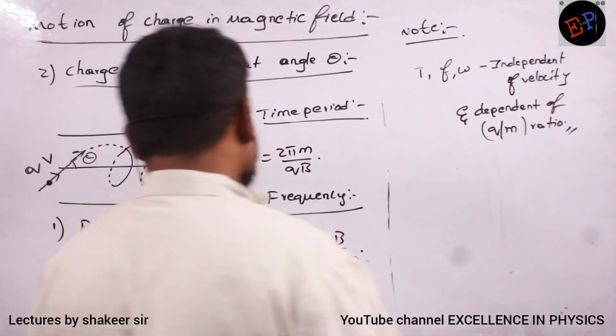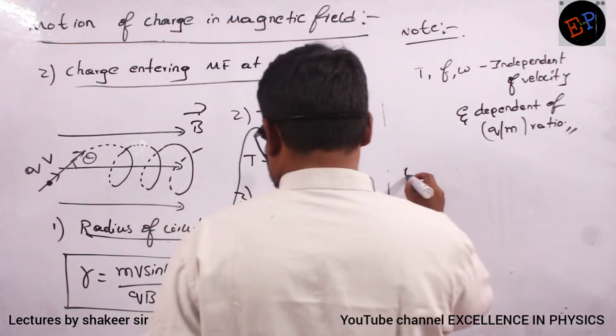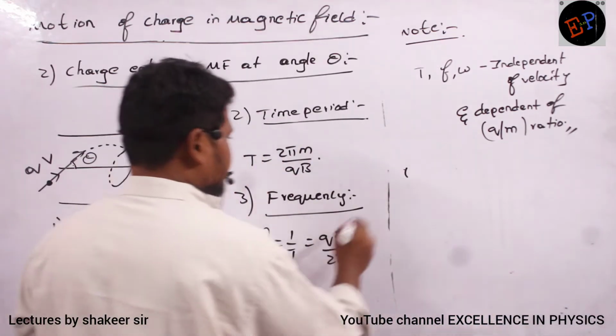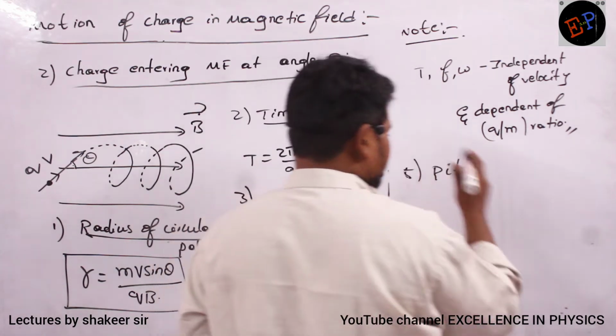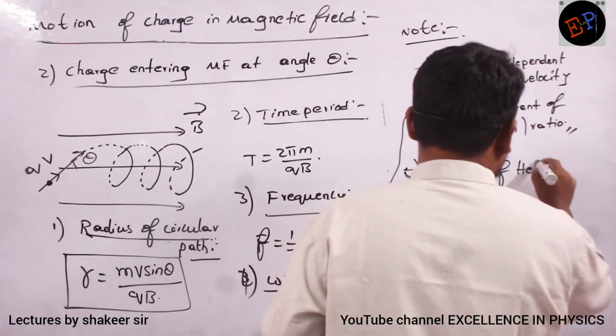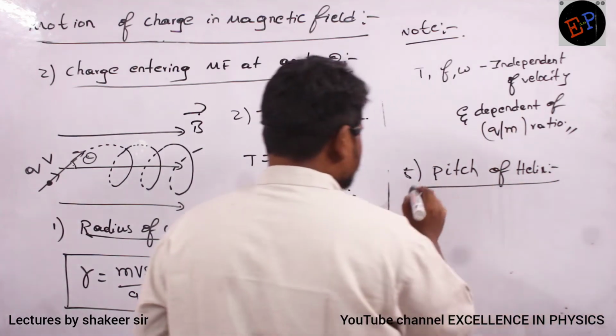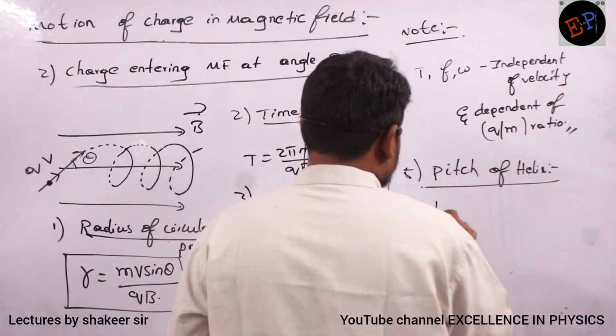Here is the pitch of the helix. Fifth one is the pitch of the helix. Many times questions were given on this one. What is meant by the pitch of the helix?